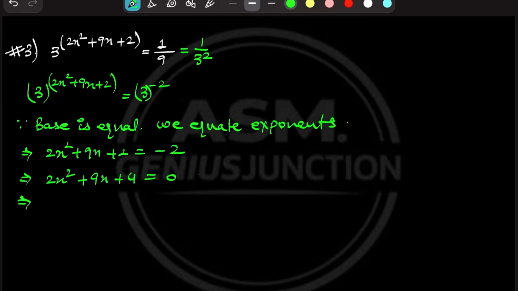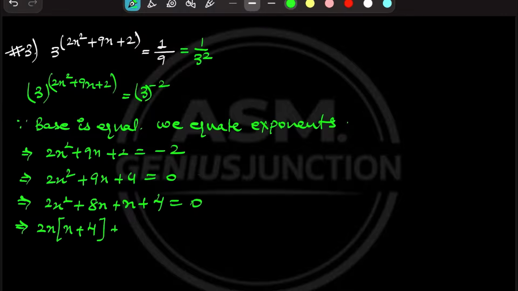Now I need two numbers again whose product is 8 and their sum should be 9. So I will write it as 2x square plus 8x plus x plus 4 gives me 0. Now we can again take out 2x common. We are having x plus 4. Again 1 is common. This is x plus 4 equals 0.